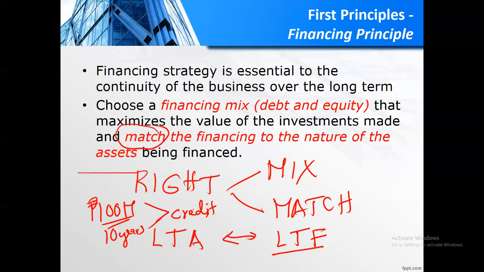It's not matched. The long-term asset is not matched with the financing. Okay, so if it's a long-term asset costing 100 million, for example, for 10 years, the life of the project, then the match should be also that the asset should be matched by long-term financing.